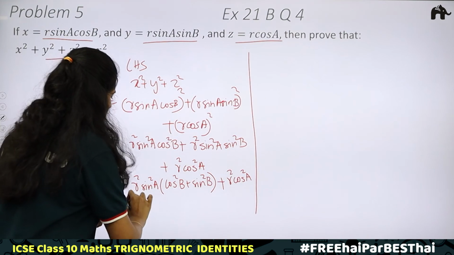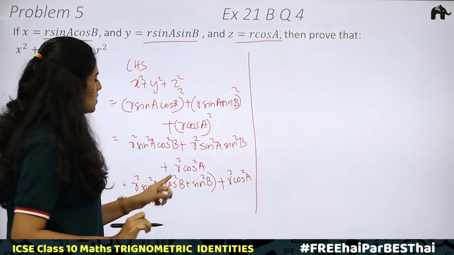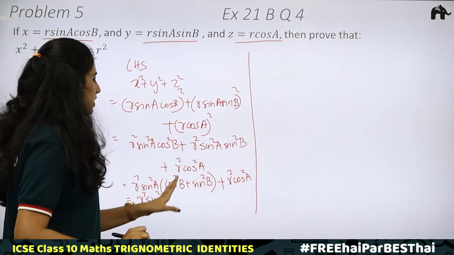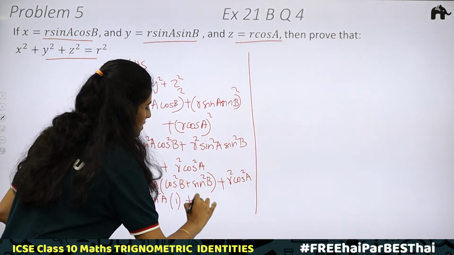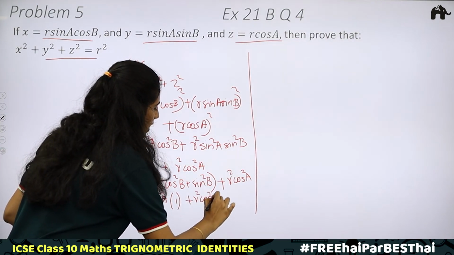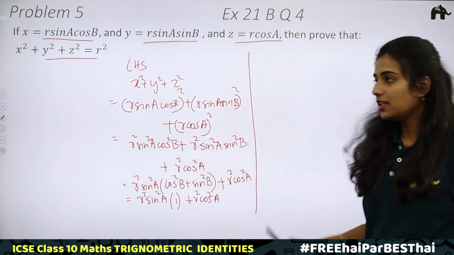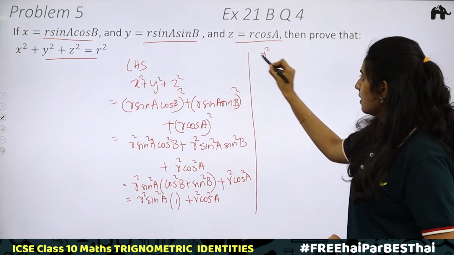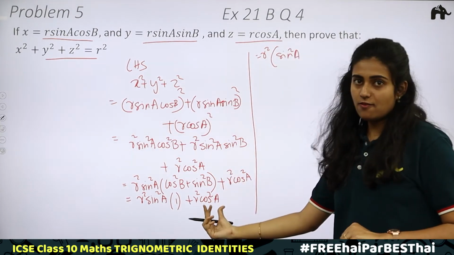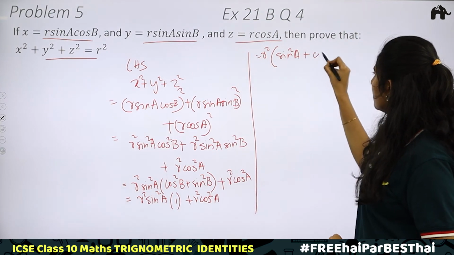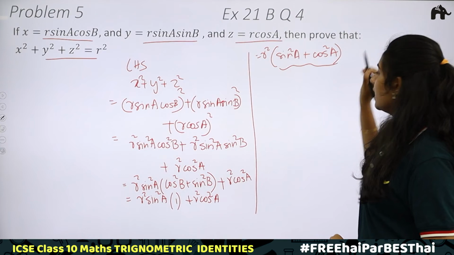Now r square sin square A. What is cos square B plus sin square B? Cos square B plus sin square B will be equal to 1 using the identity, plus r square cos square A. Now what can be done? R square is common in both the terms. R square is taken out. Then here we have sin square A and here we have cos square A: sin square A plus cos square A. Again, what is sin square A plus cos square A?